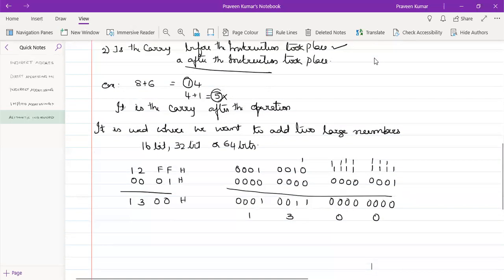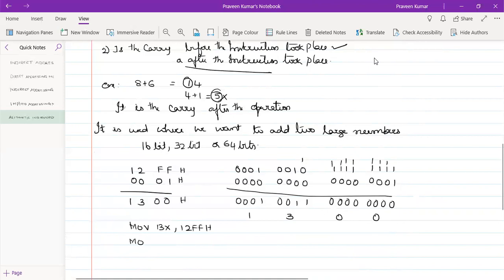But as 8086 is a 16-bit microprocessor, I can directly write move BX, the value 12FFH. We know this is immediate addressing mode.